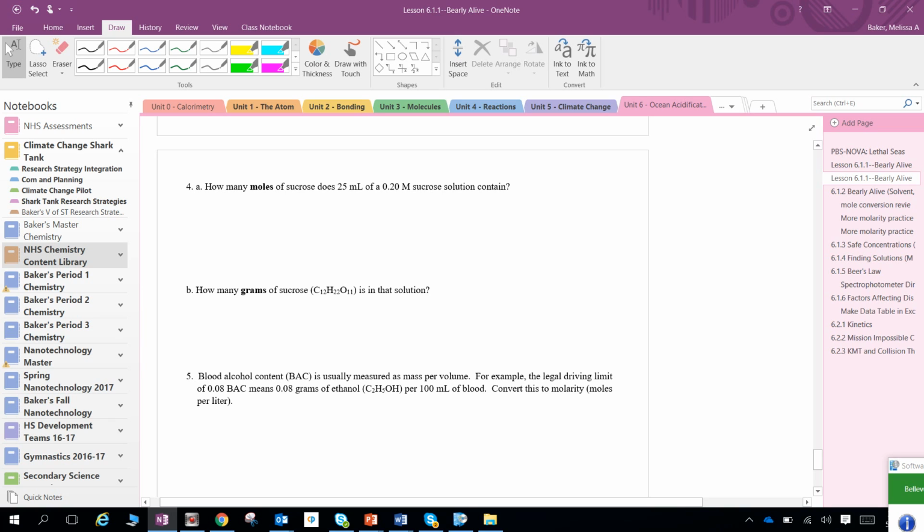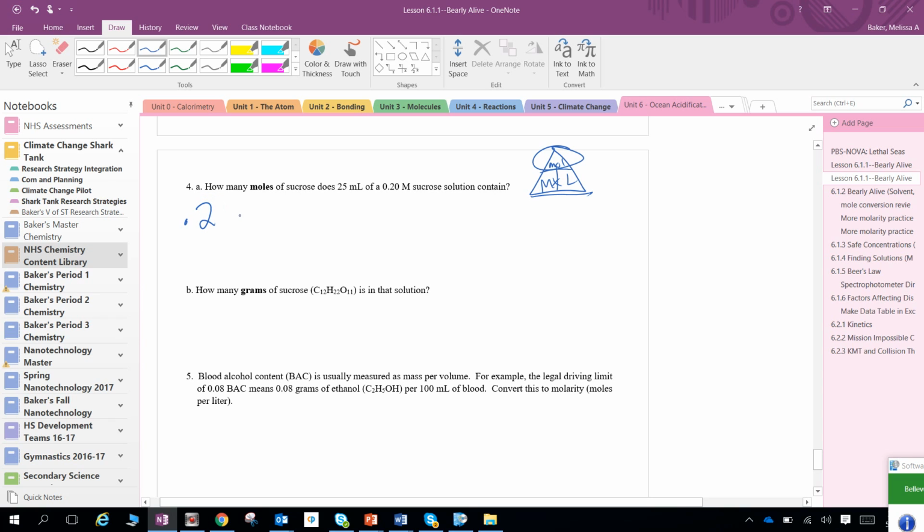Number 4, how many moles of sucrose does 25 milliliters of 0.2 molar sucrose solution contain? Oh goodness, this looks like a lot at first, but we can use our handy dandy molarity triangle to help us out. If I want to solve for moles, I'm going to ultimately need to take molarity and multiply by my liters.